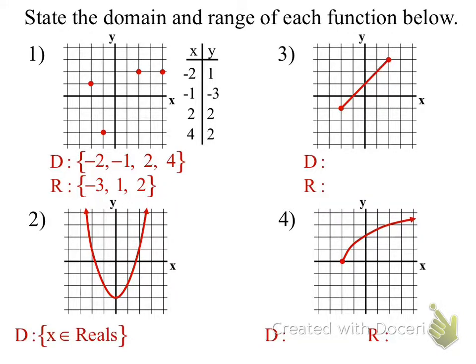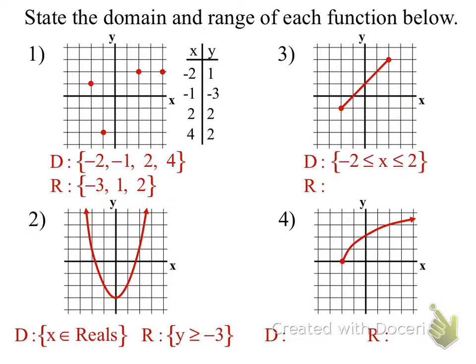X is an element of the reals. Now the range, on the other hand, is how high and low can the range get? Well, we know it has a boundary, and that boundary is -3. So we would say y is greater than or equal to -3.